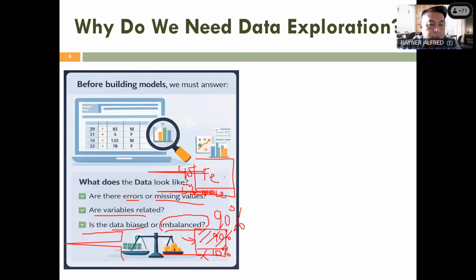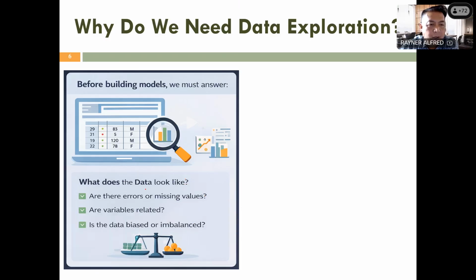So this does not represent the population, because an ideal population should have 50-50. But in this case, female is 95% and male is 5%. So we will have biased data here because it's more prone to female. So that's why it's very important for us to look at the percentage of each category that we have.